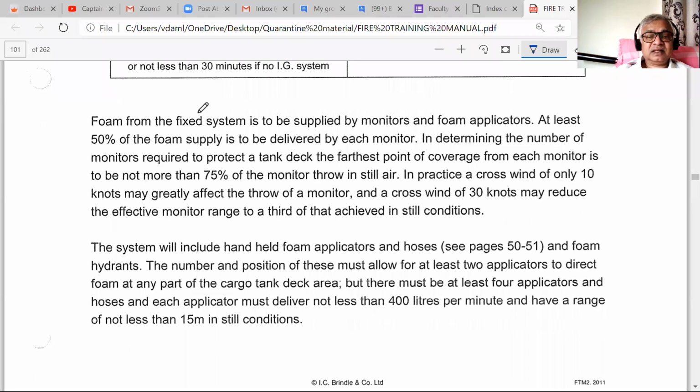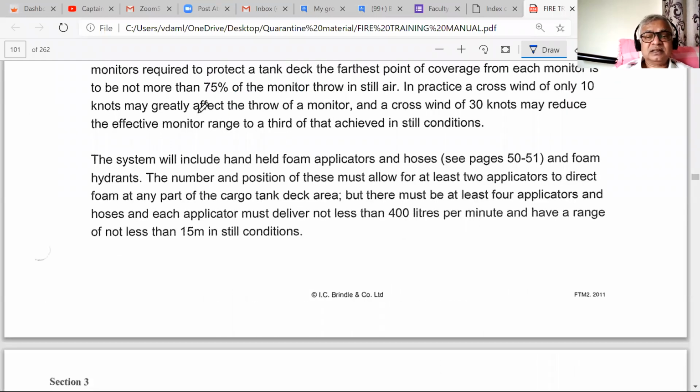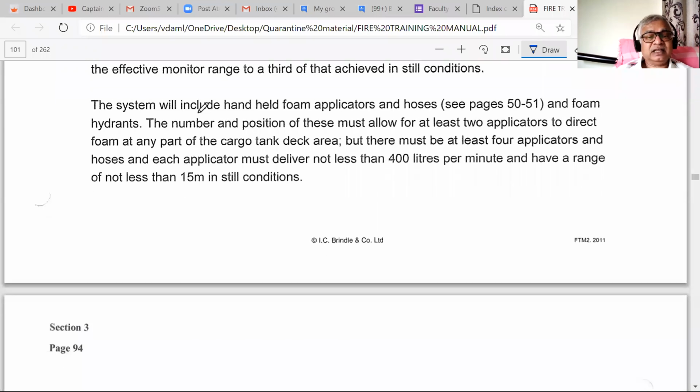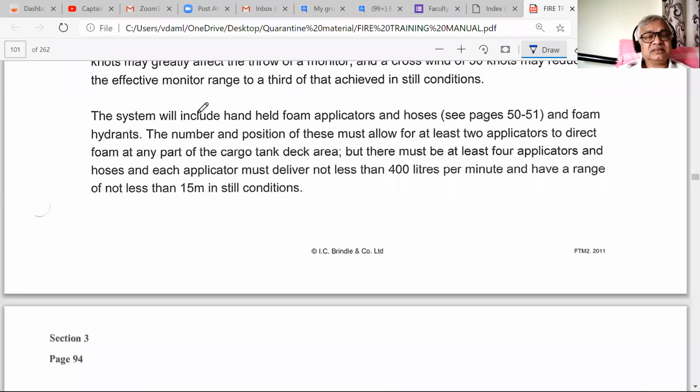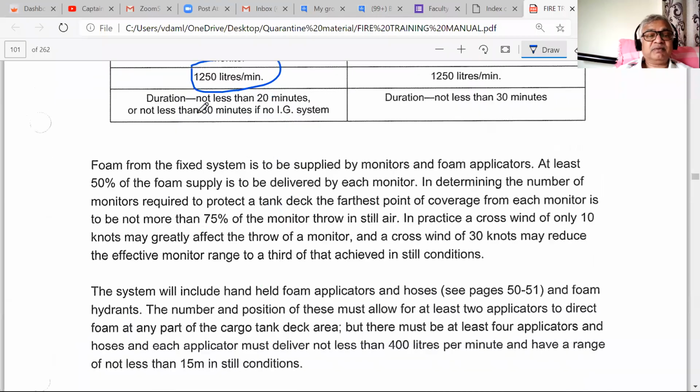And generally these foam applicators, everything are fixed guns. Okay, each one 400 liters per minute minimum, range of 15 meters, and 1250. That is minimum 4 guns you will need. Okay.